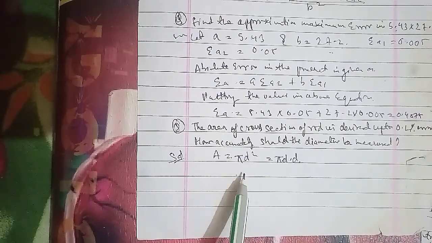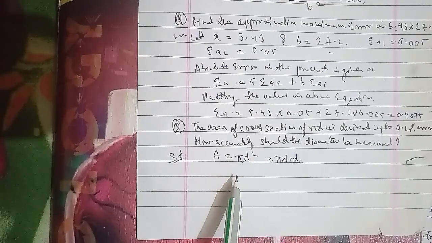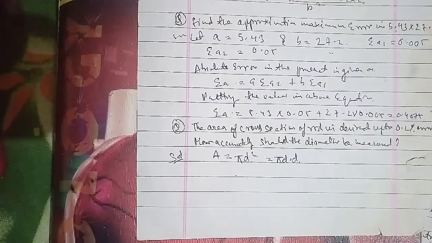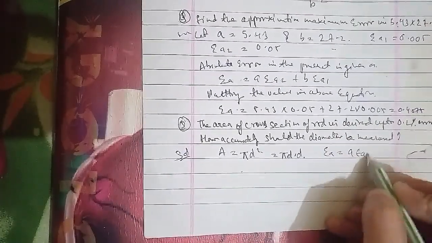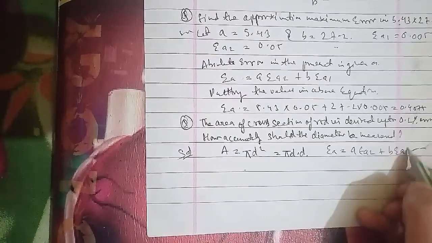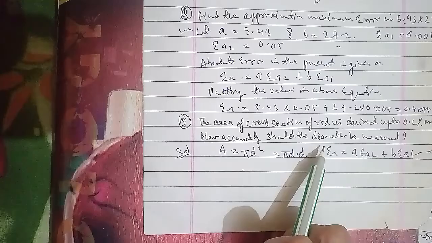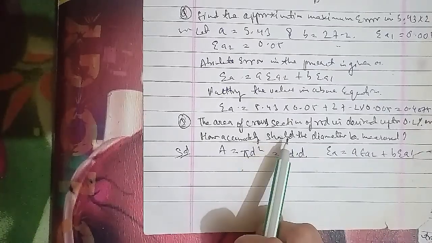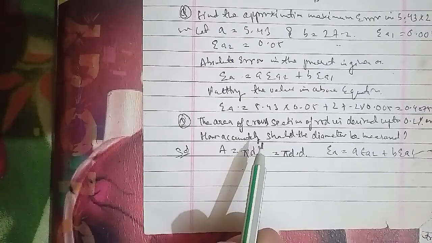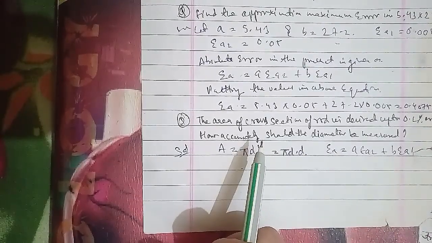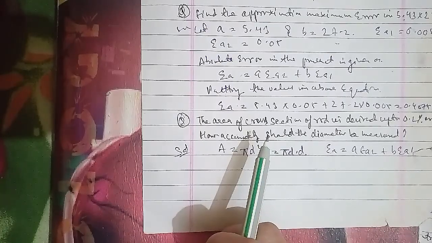We know that the error in the product is given as EA equals A EA2 plus B EA1. Here EA, that is 0.002, is the error of the product or the area of the rod, and A equals B, which equals d. Similarly, EA2 equals EA1, which is the error in the diameter of the rod, Ed. Hence the above equation will be written as EA equals d Ed plus d Ed.